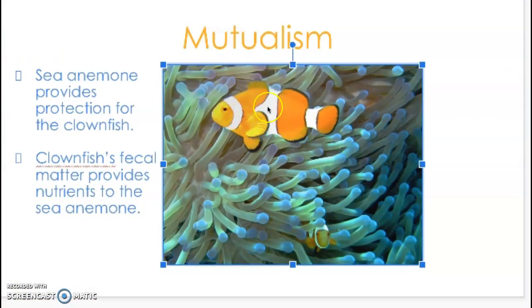The sea anemone here, which is these organisms right here, they provide protection for the clownfish, and the clownfish in return feeds the sea anemone with its feces, with its fecal matter, which provides nutrients. So they're both benefiting, and this is why it's a mutualistic relationship.